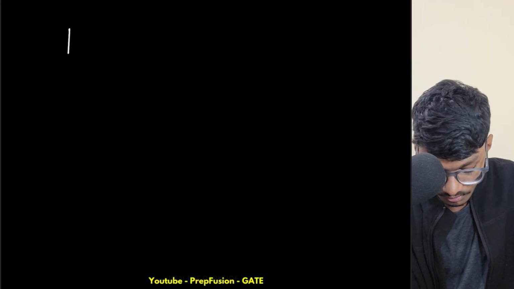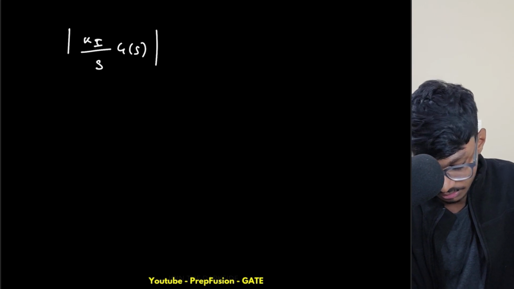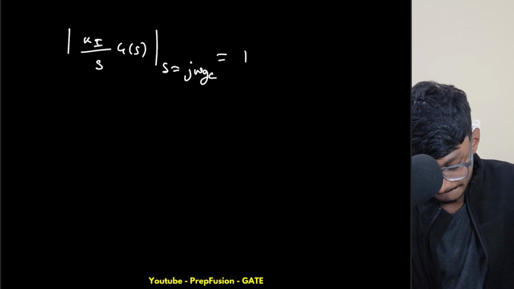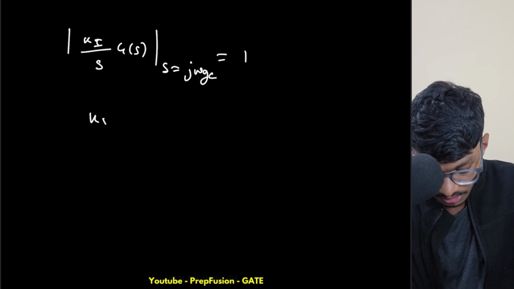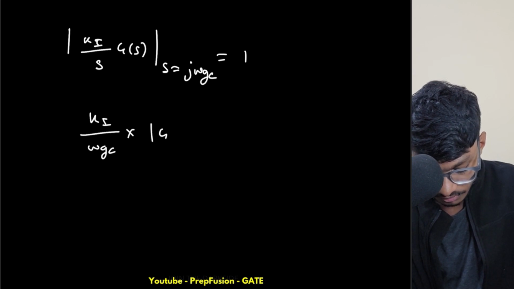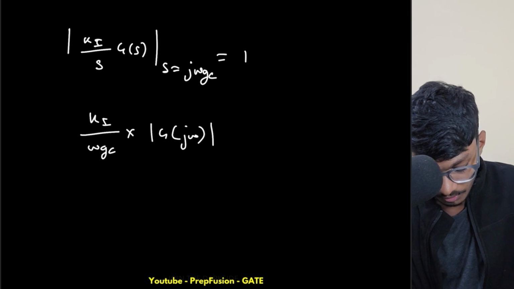So the magnitude of Ki upon s into g of s, at s equals j omega gc, equals 1. So this will be Ki by omega gc into the magnitude of g of j omega at omega gc.